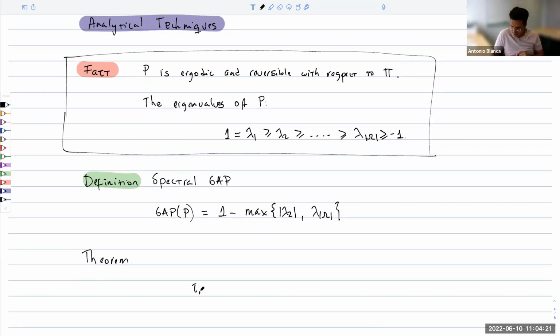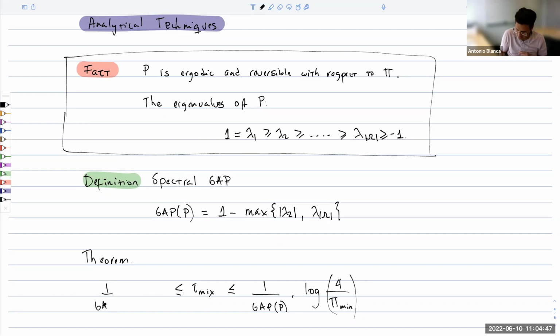The mixing time of the chain is bounded by the inverse of the spectral gap, so 1 over the gap, times some factor, and it's also lower bounded by some constant times essentially the inverse of the spectral gap. Okay? So here, pi min is something that depends on the stationary distribution, the probability of the state with minimum probability.